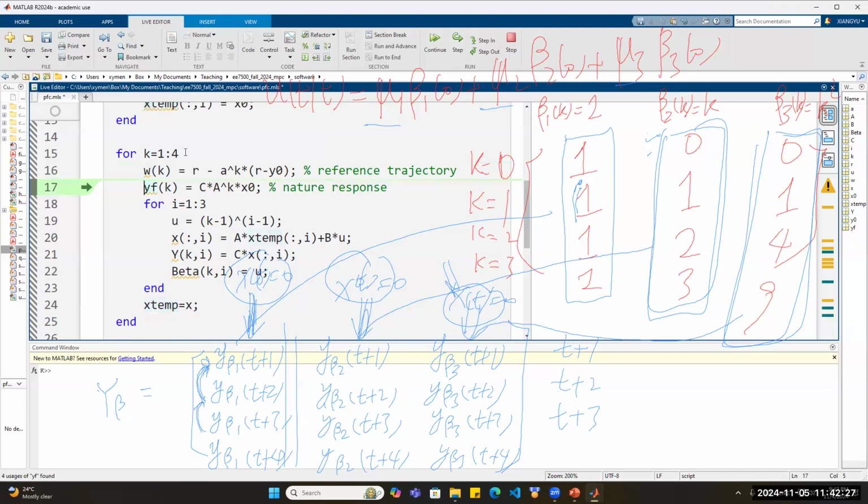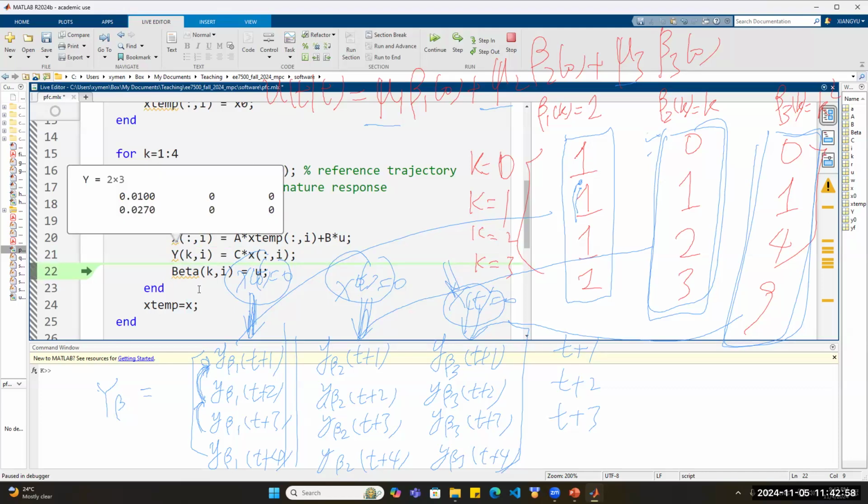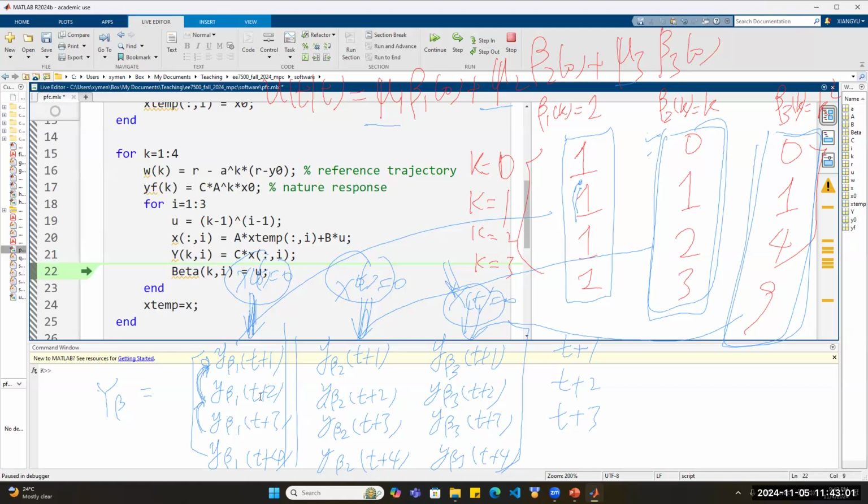The next, K is 2 here. Basically the K is 0, so U T plus 1. You see, the U is still 1. And the new X here, that's Y beta 1 T plus 2 with the control input 1 and 1.